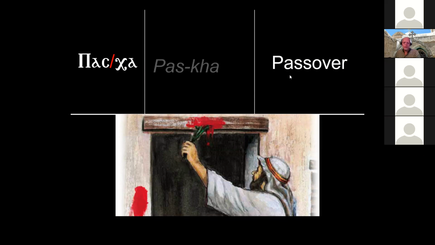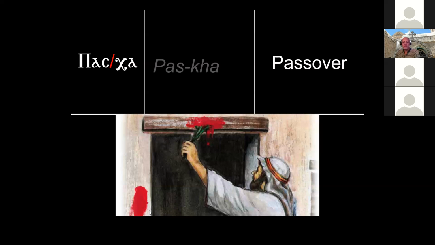Pascha is the Passover. You see in the picture here, remember in the Passover, when the Lord told Moses, when he was trying to get the children of Israel out of Egypt, that all the Israelites should kill a lamb, the Passover lamb, and put its blood over the lintel and the sides of the gateway.